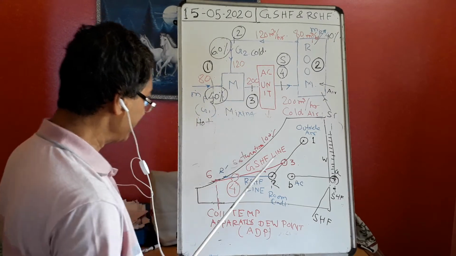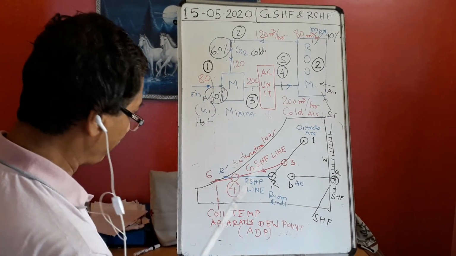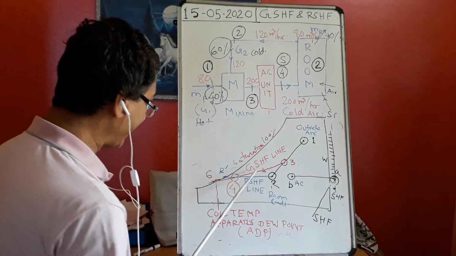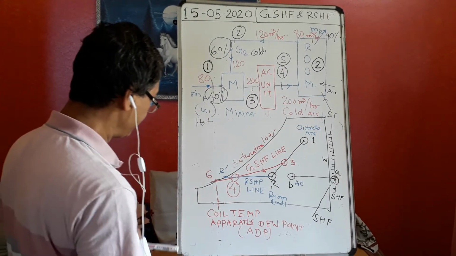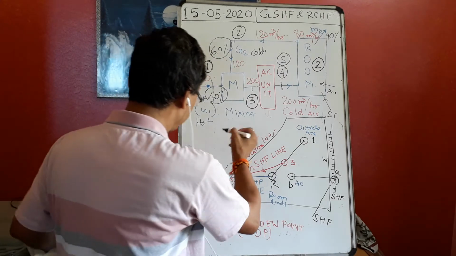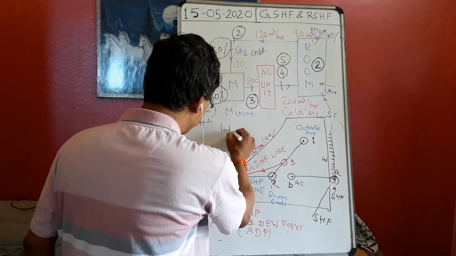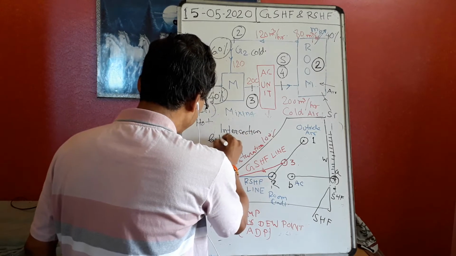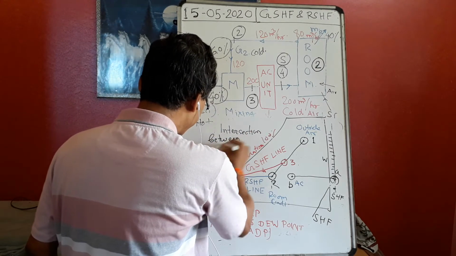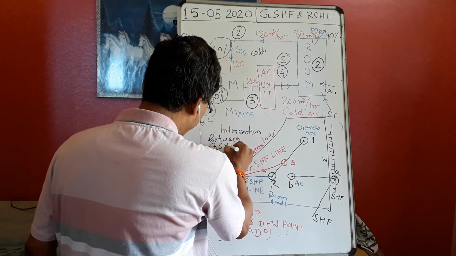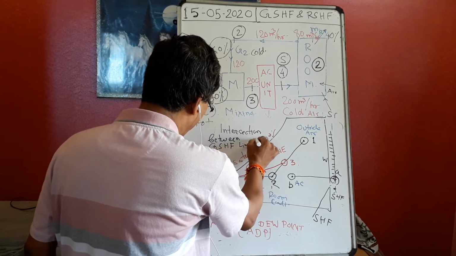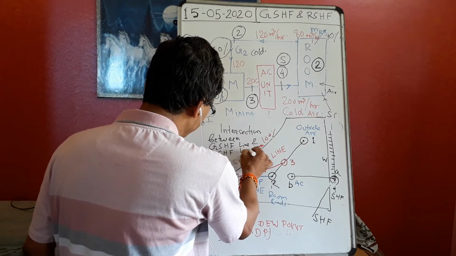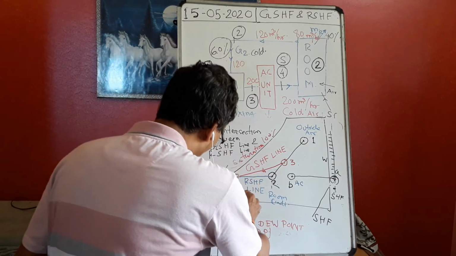You have to remember point number 4 is the supply point to the room, obtained at the intersection between the grand sensible heat factor line and the room sensible heat factor line.